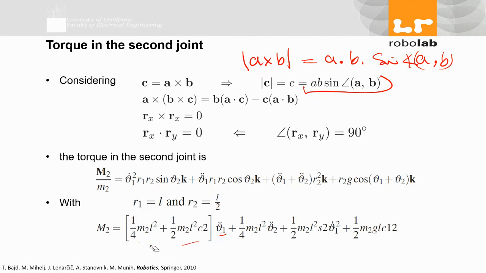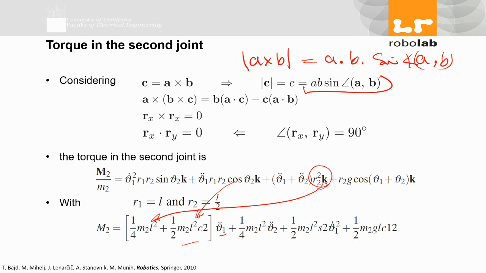Okay, so what I have is R1 times R2 cosine of theta 2, which gives me L times L over 2 times cosine of theta 2, which is this one. And here R2, which is L over 2 to the power of 2, makes it L squared over 4, which is this one.